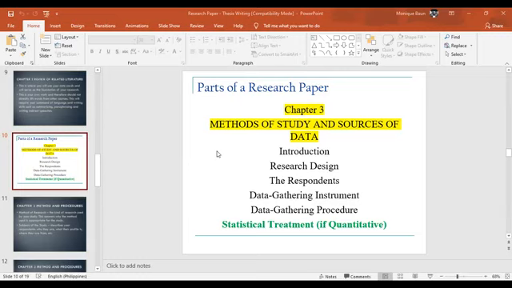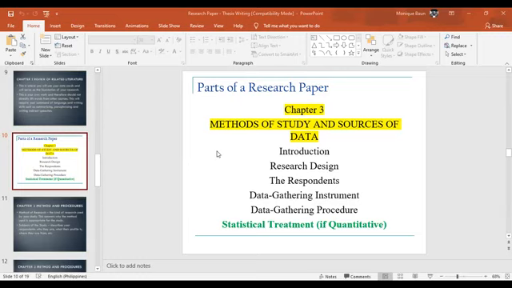Okay, so for example, you're going to enter senior high school. What is the most preferred strand? Is it ABM, GAS, STEM, or HUMSS? Here, quantitative focuses more on the numbers, most and least.